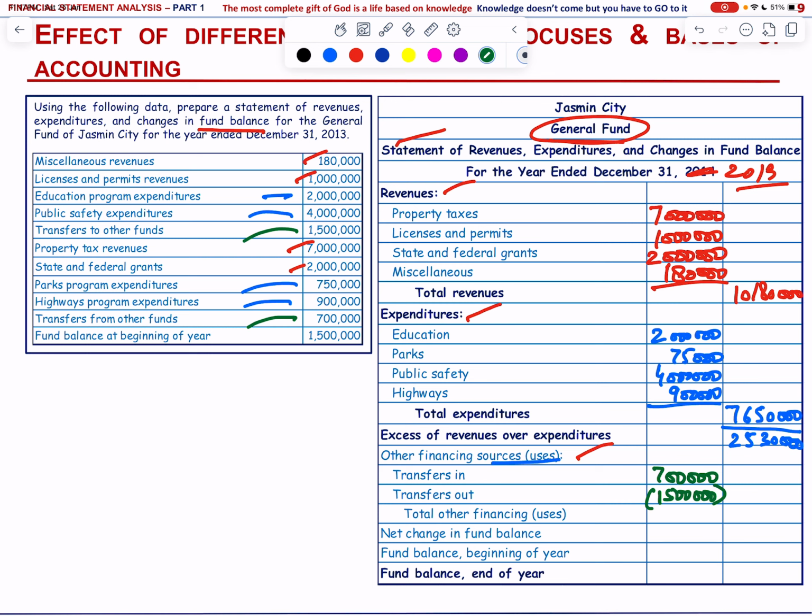When we solve, the total is going to be negative 800,000. So the net change will be 1,730,000. Now the fund balance at the beginning of the year is 1,500,000. We make the total, and the total will be 3,230,000.